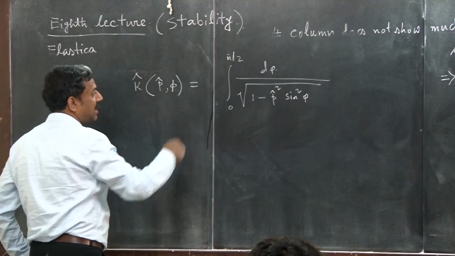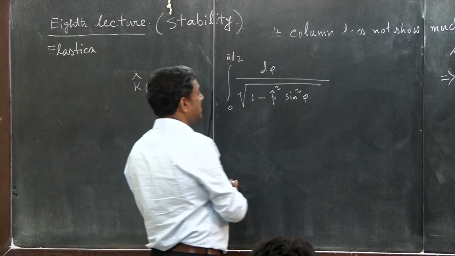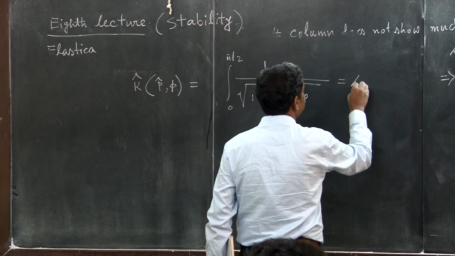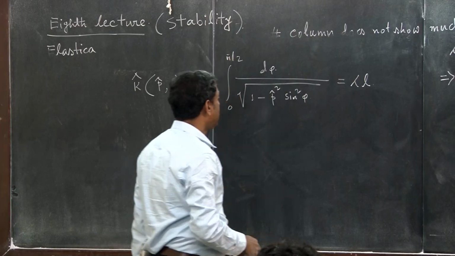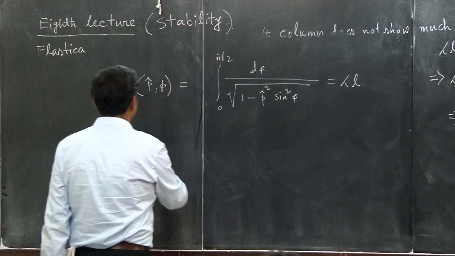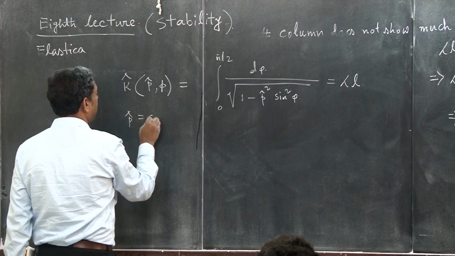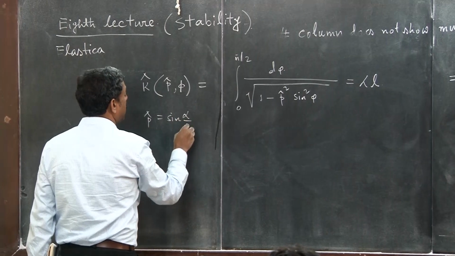From here you can directly find lambda L. You must recall that P cap is nothing but sin alpha by 2.